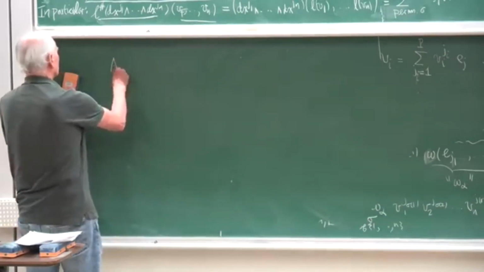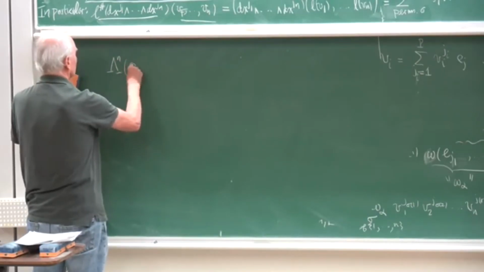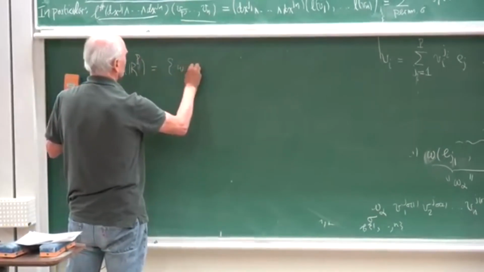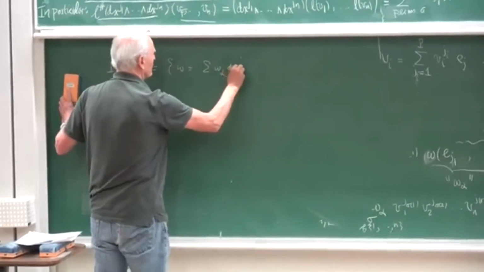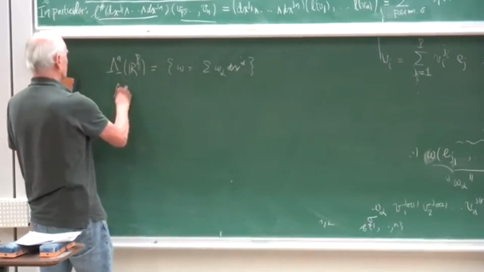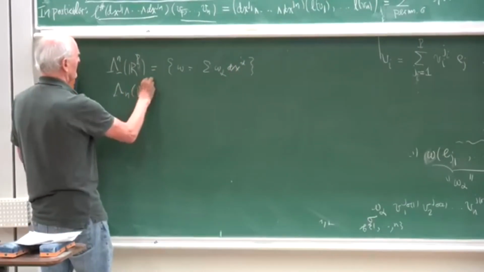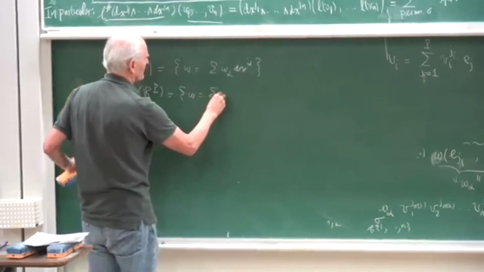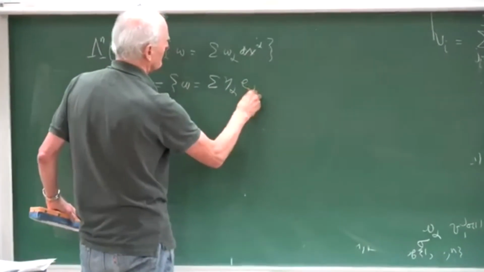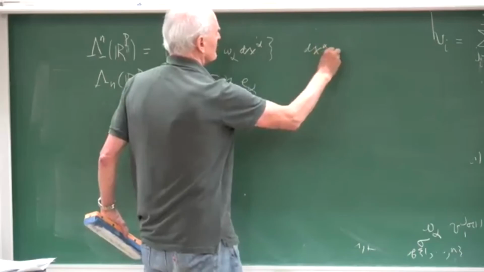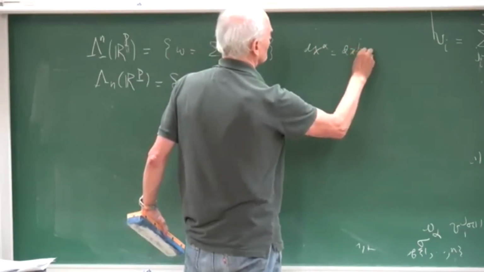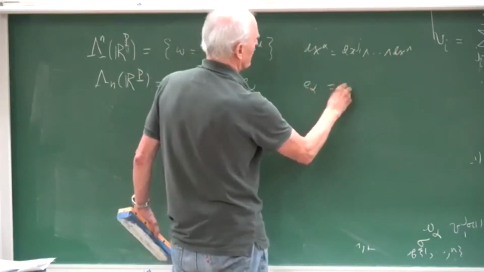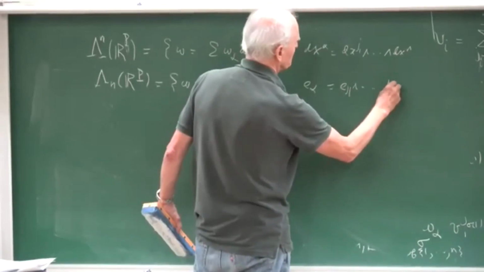So lambda n can be written as the set of all omega equals sum omega alpha dx alpha, and lambda sub n Rp can be written as the set of all eta equals sum eta alpha E alpha, where dx alpha is dxj1 wedge up to dxjn, and E alpha is Ej1 wedge up to Ejn.